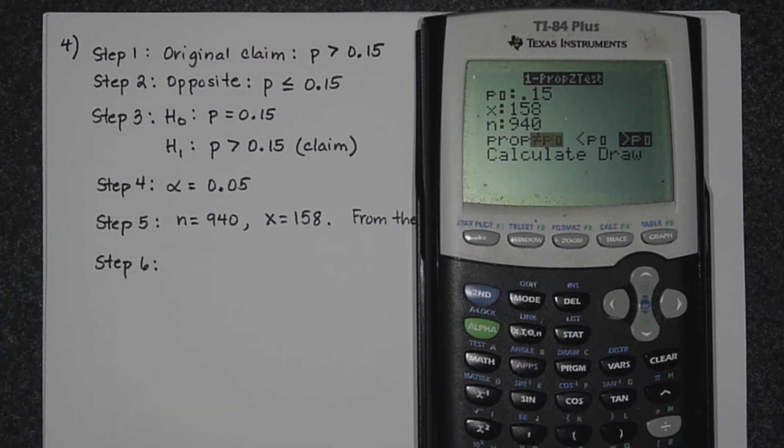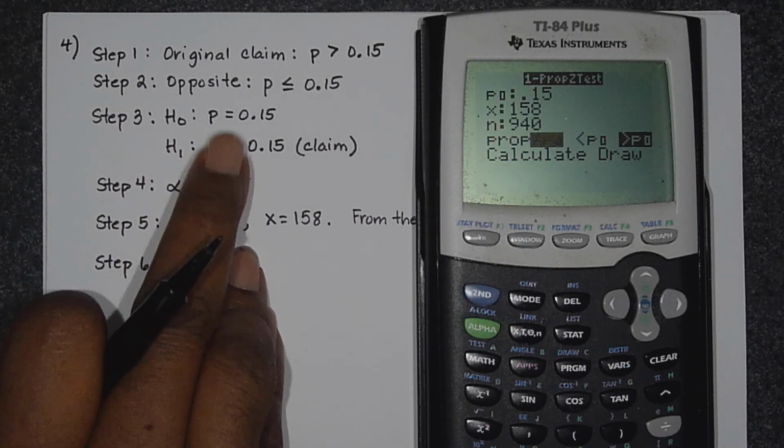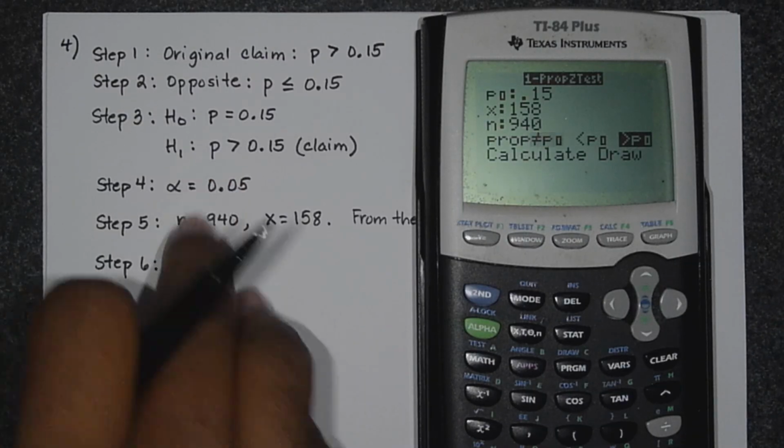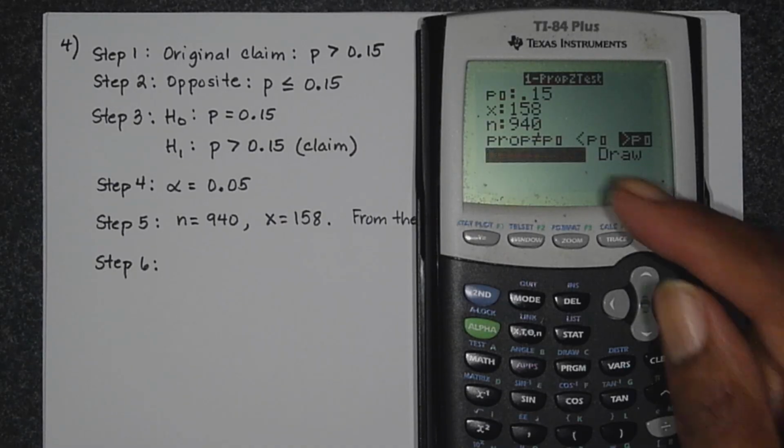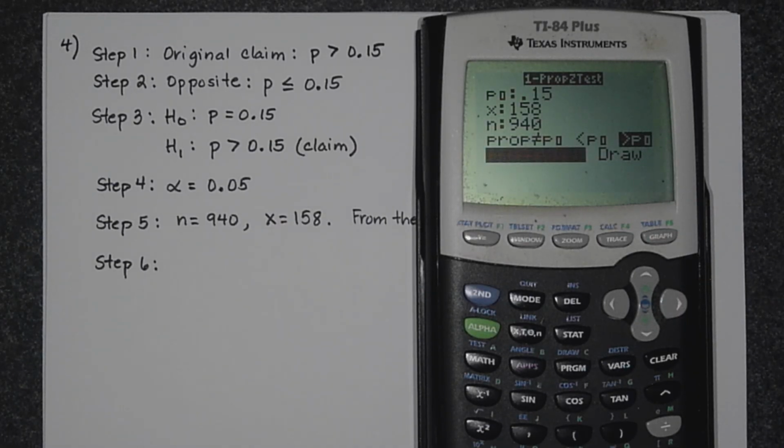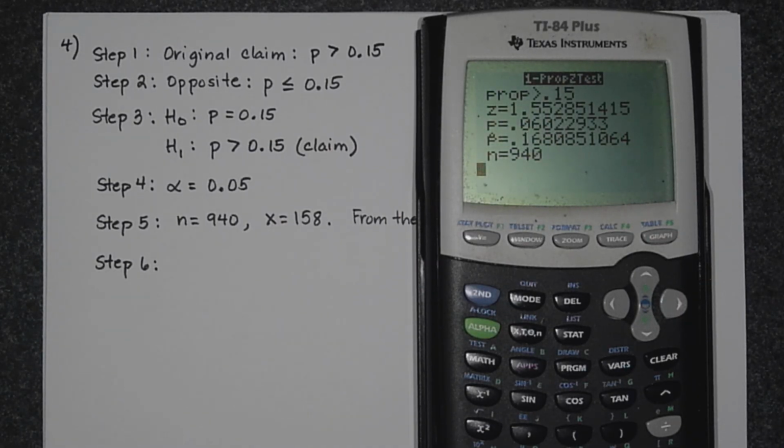And then for a proportion, it's either going to be not equal to, less than, or greater than. The one you want to select, you want to look at your alternative hypothesis. So we have to use greater than. Right arrow to that, highlight that, and then press enter. Then go down to calculate, make sure that the cursor is on top of the word calculate, and then hit enter.